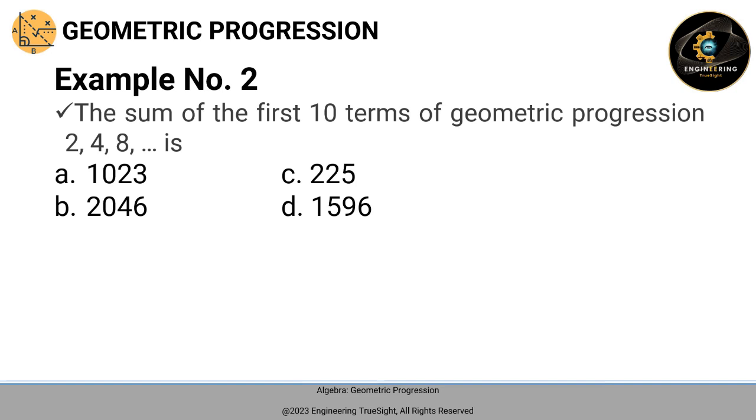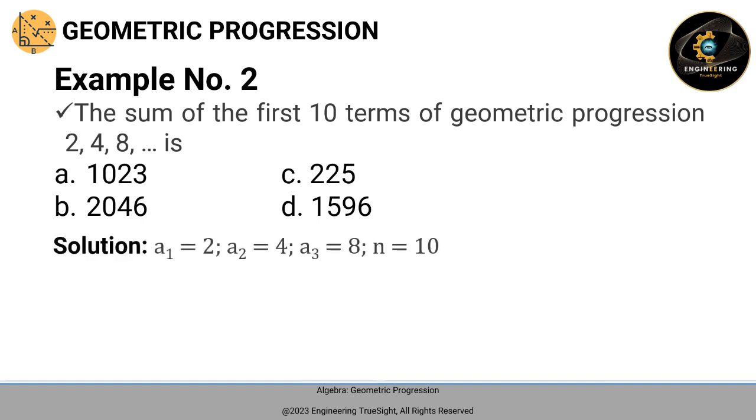Example number 2. The sum of the first 10 terms of the geometric progression 2, 4, 8, and so on is blank. A, 1023; B, 2046; C, 225; D, 1596. Solution.